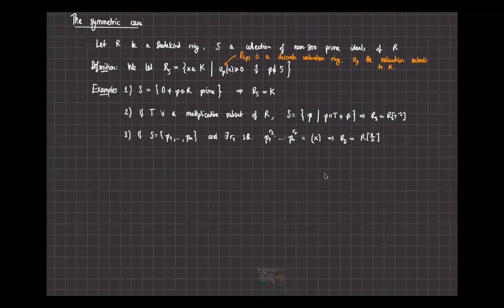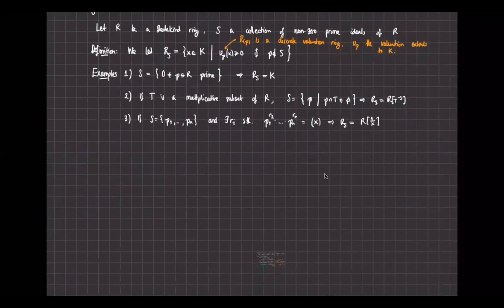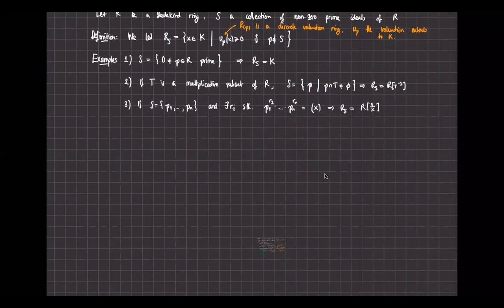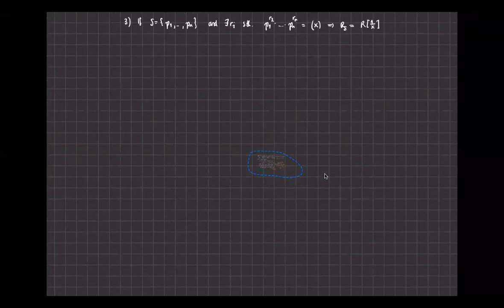I just want to advertise that one can do these constructions in this generality. It turns out that this ring R_S is not in general given by inverting a couple of elements in R. It's some other ring, but in many special cases, it is given by inverting a set of elements, namely in these cases. Okay, it's just a general construction we can do.